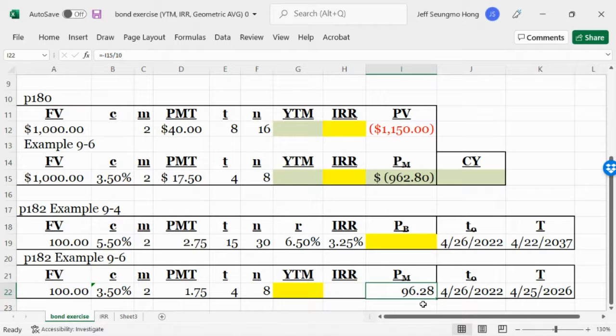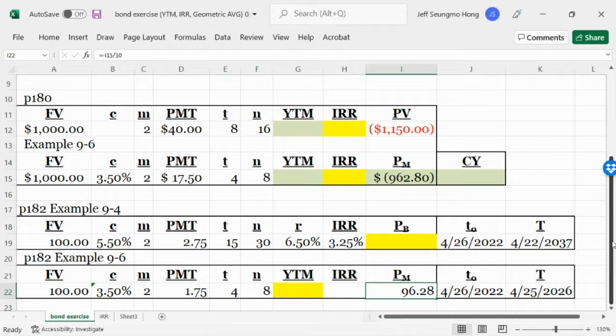This is totally out of proportion, because face value is not $100. Face value is 1,000. You can tell it's off scale.